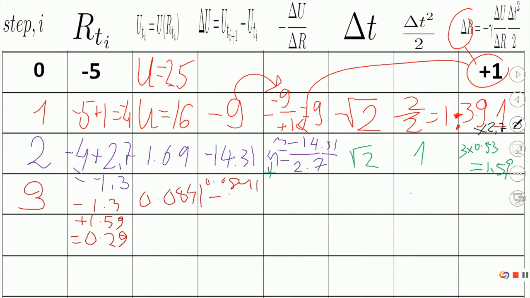How much is this? Minus 1.61 approximately, right? 1.61.